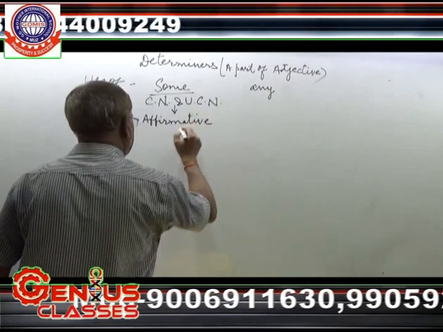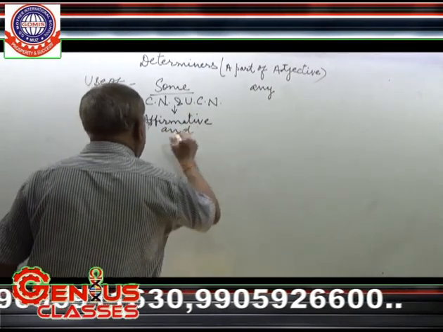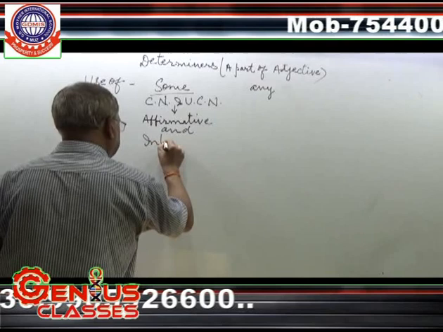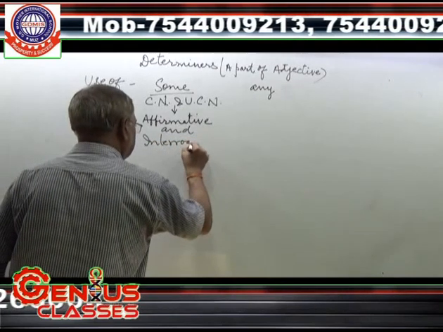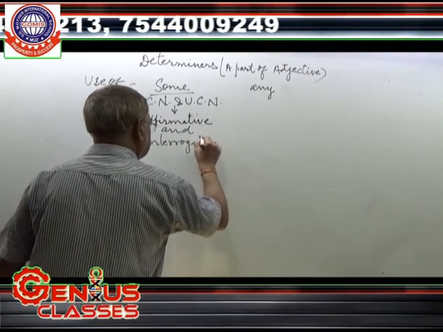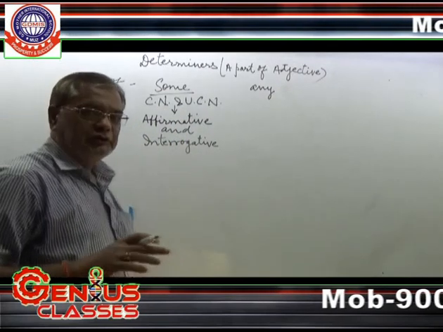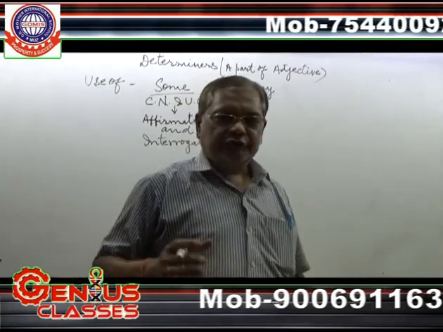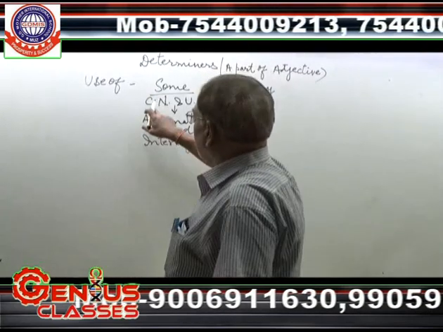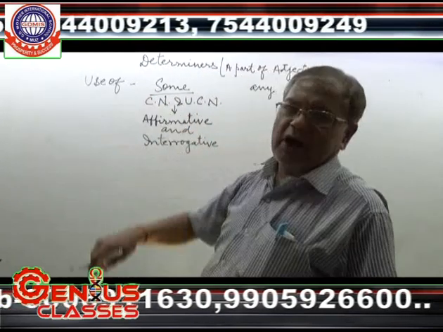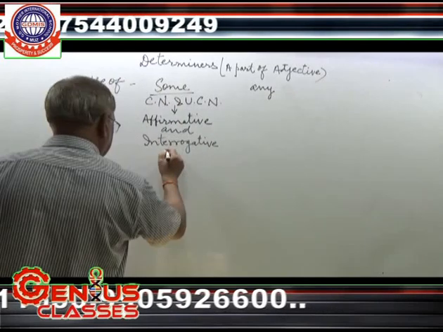That is affirmative and interrogative sentences. In these two kinds of sentences, some can be used. So some is used for countable nouns and uncountable nouns. Right?